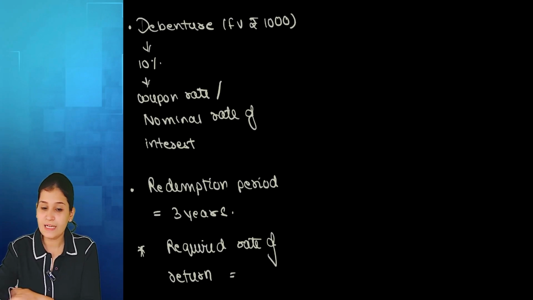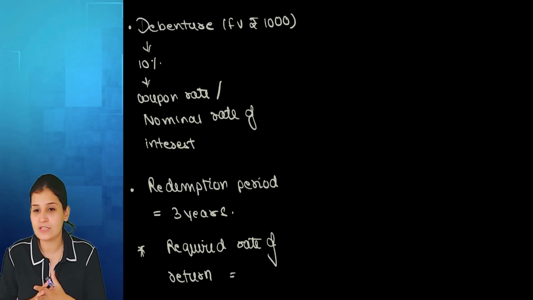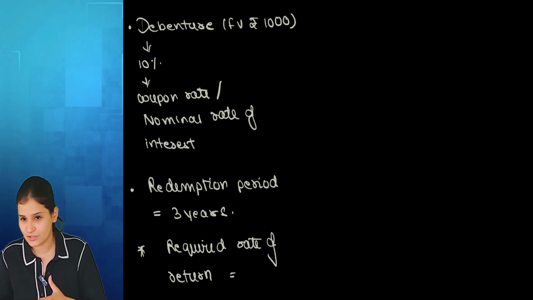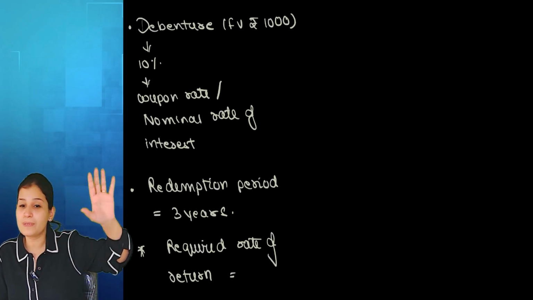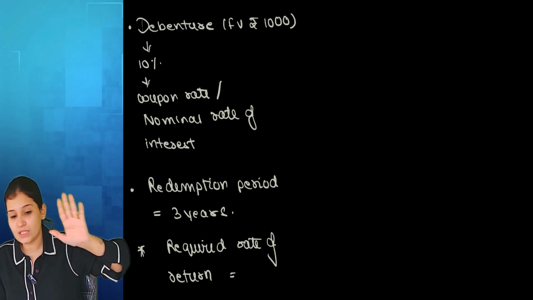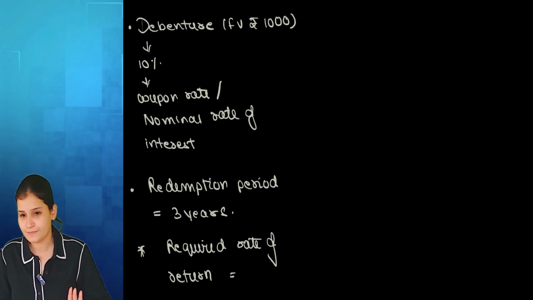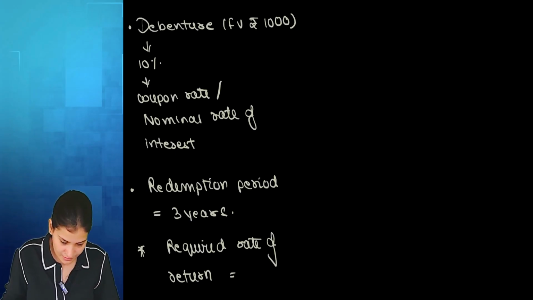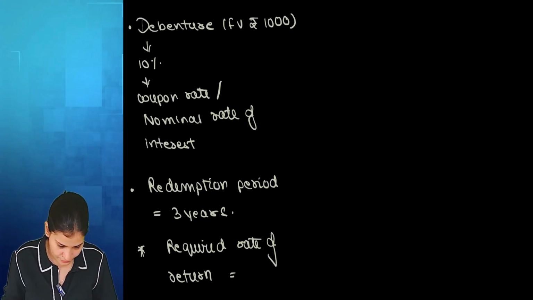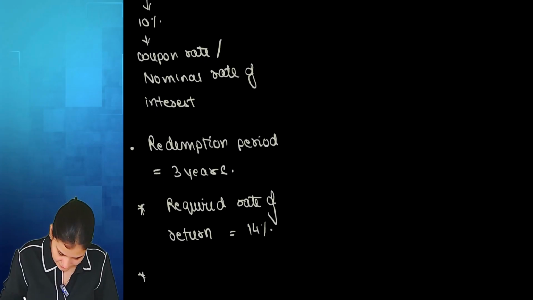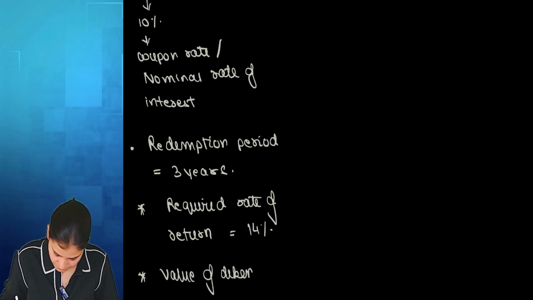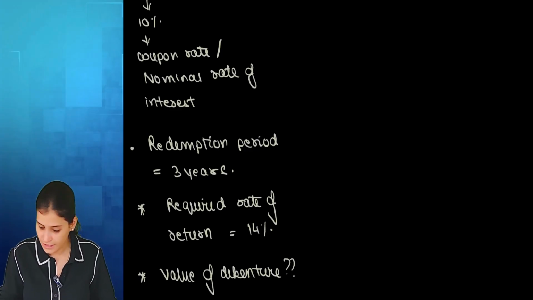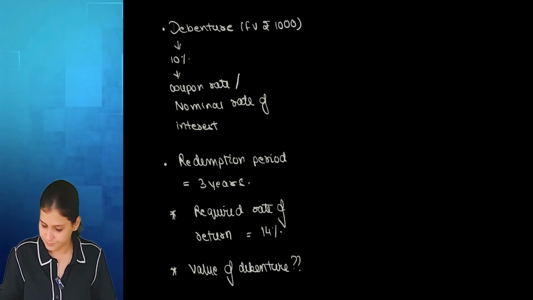When the company returns the money, it has to return the loan as well as something extra. On the loan of rupees 1000, the company wants a return of 14%. So the required rate of return is 14% in this case. And the value of debenture. That means what we are supposed to return is what the question is asking us.